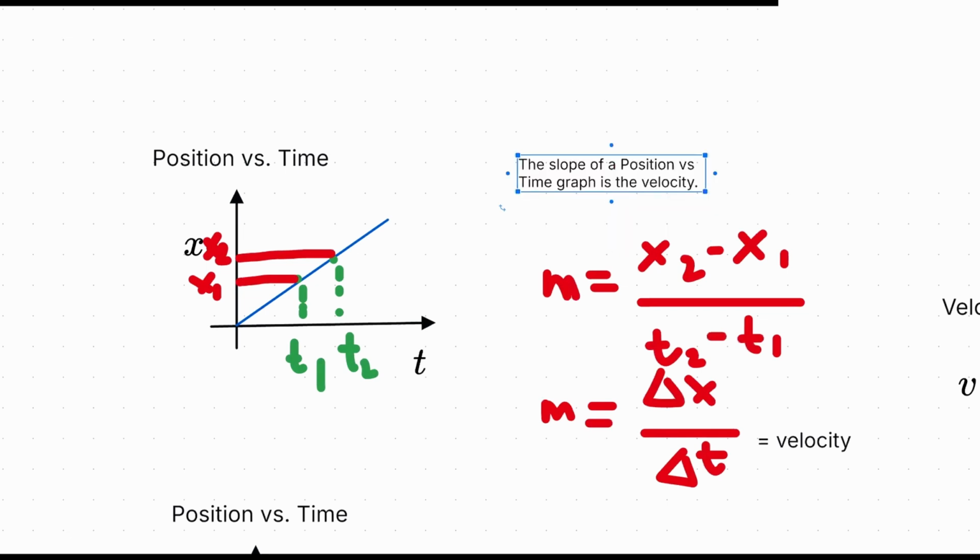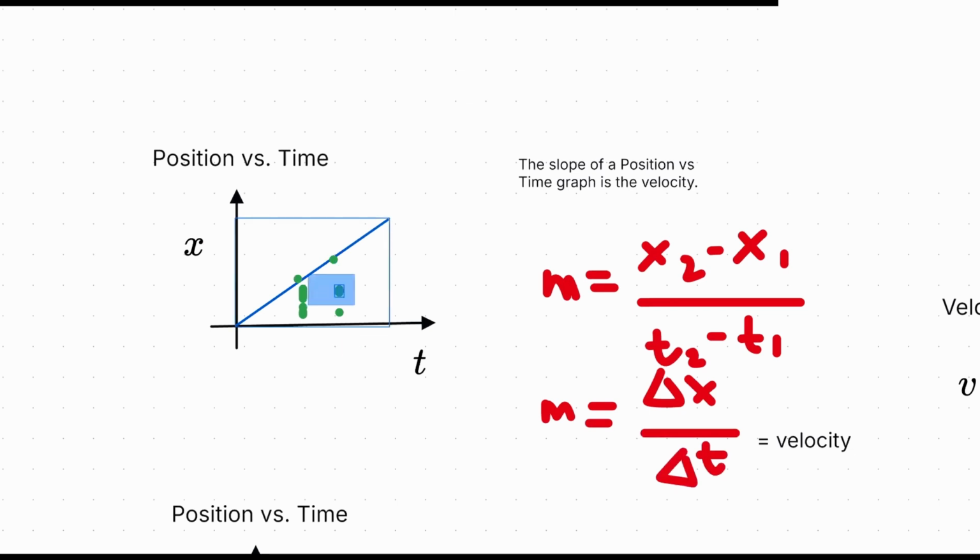Now, let's try to interpret position versus time graphs depending on the trend. Let's have this blue graph, a linear trend. This is a linear graph. What can we say about the slope?